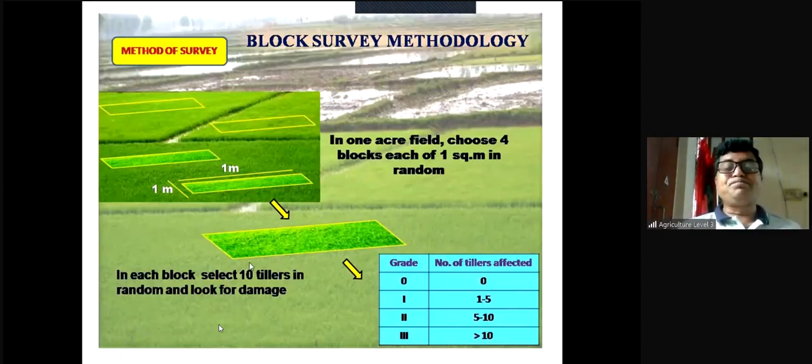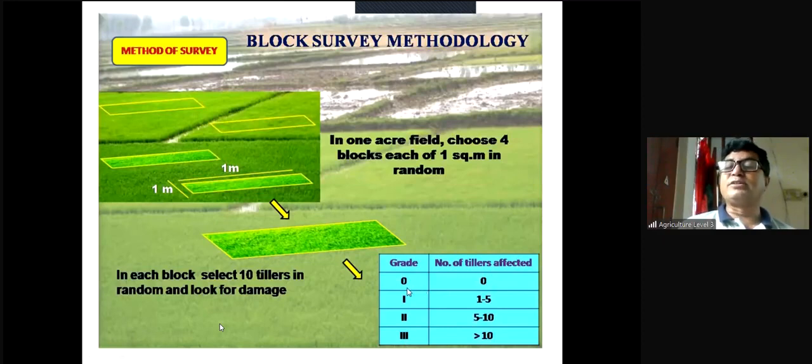In each block, select 10 tillers at random and look for damage. From this block you select 10 tillers randomly, and similarly from the other blocks. Now you have selected the blocks, selected the tillers, and observed the plants. Now the result is graded 0 to 3 by the number of tillers affected.